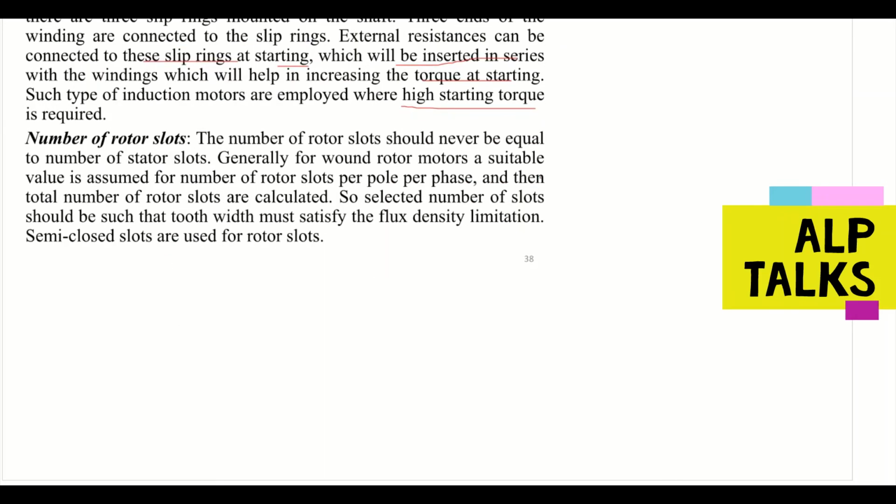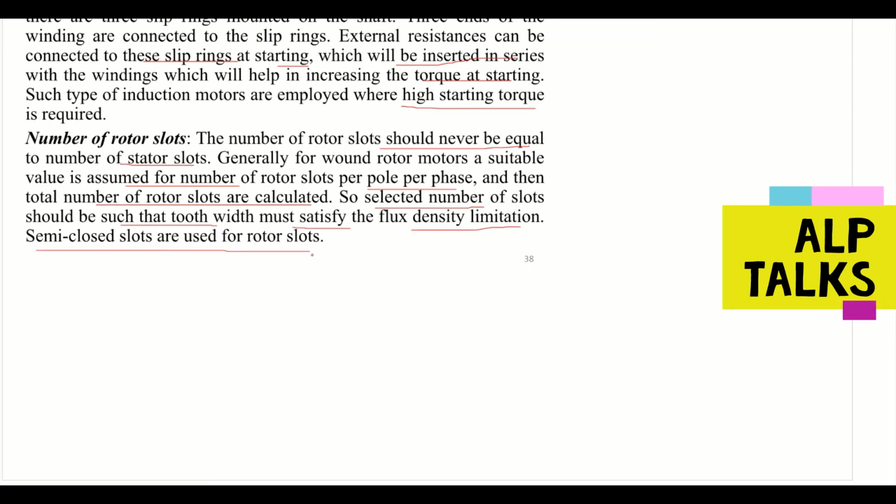Number of rotor slots. The number of rotor slots would never be equal to the number of stator slots. Generally for wound rotor motors, a suitable value is assumed for the number of rotor slots per pole per phase and then the total number of rotor slots is calculated. The selected number of slots should be such that the tooth width satisfies the flux density limitation.